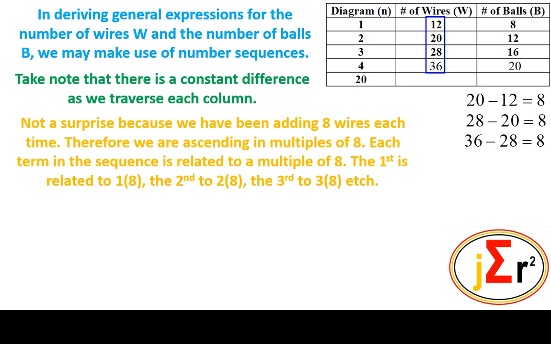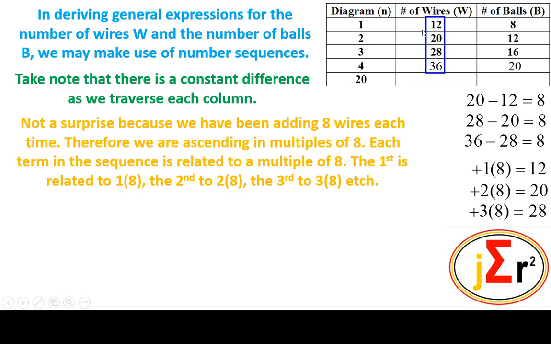The first one is 1 times 8, the second 2 times 8, the third 3 times 8. So we have 1 8, 2 8s, 3 8s.